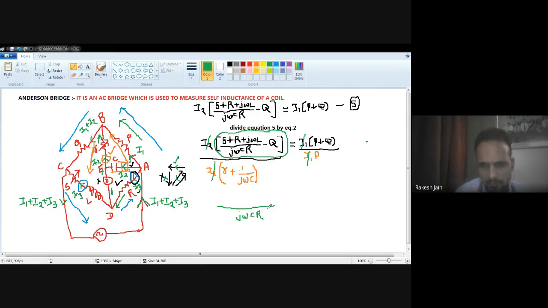So s + r + jωL minus q is multiplied by jωC r, so that is jωC r q.